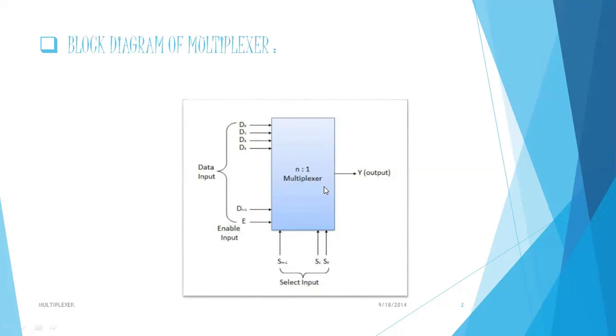So a multiplexer is a combinational circuit that selects binary information from one of many input lines and directs it to a single output line. Normally we take 2 power n input lines, and it requires n selection lines. That is the introduction of the multiplexer.